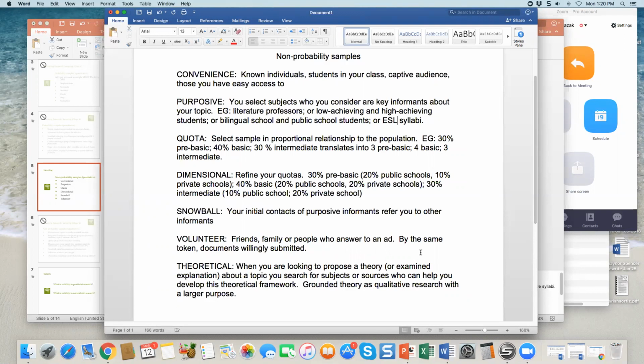A purposive sample, on the other hand, is where you select subjects who you consider are key informants about your topic.